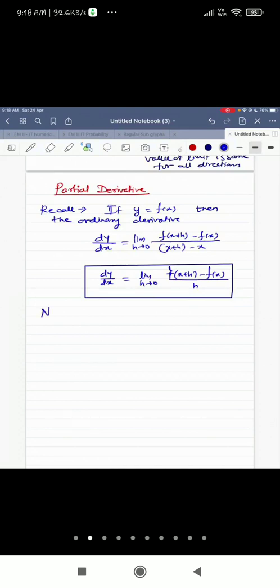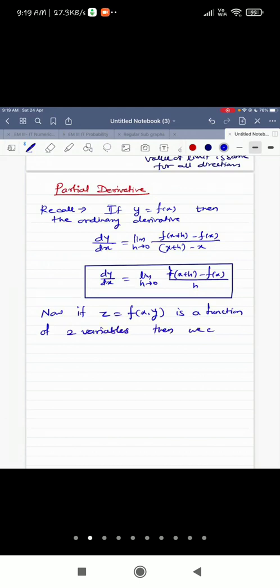Now, if your function is of two variables, so if z is a function of x and y, a function of two variables, then we can find the derivative of z with respect to x as well as y.